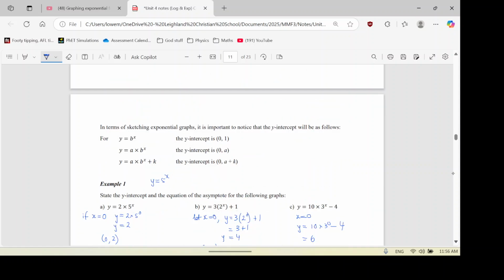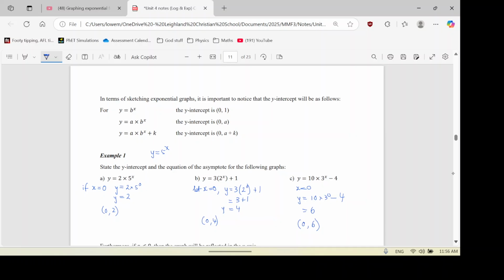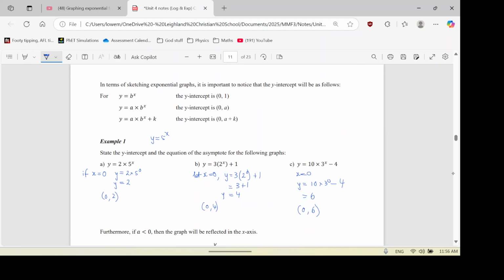All right, so over the page here, let's have a look at a few of these examples where we're just looking at finding the y-intercept. Just like with any function, when we're wanting to find the y-intercept, we let our x value equal 0.